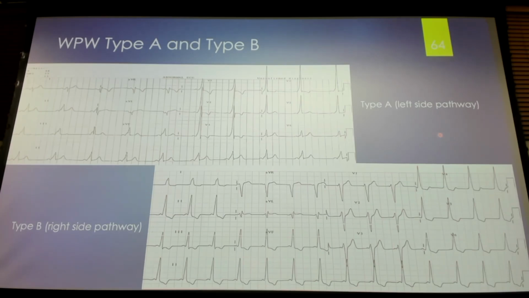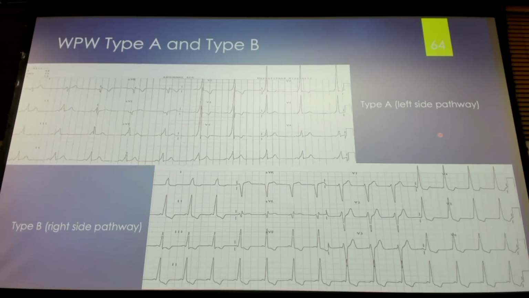Okay, and here, the other thing that we know to look for is our PR interval. So both of these are going to have a short PR interval. Why do we have a short PR interval? Because some of that's going to bypass the AV node. The AV node is what gives us our PR interval. Okay, but now we have one side of the heart that's depolarizing a little bit earlier than the other side, so that PR interval is going to be a little bit shorter.